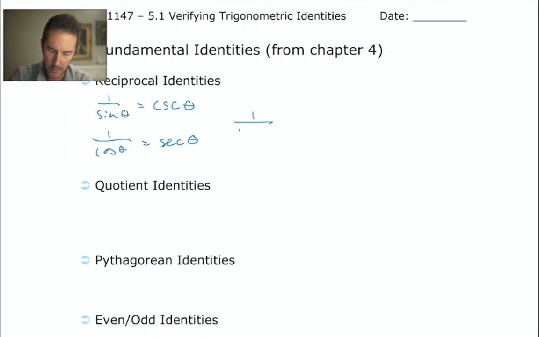And 1 over the tangent function is equal to cotangent. I could definitely take the reciprocal of both sides of all three of those equations, and we would have another 3 reciprocal identities. I'm going to stop saying reciprocal now.